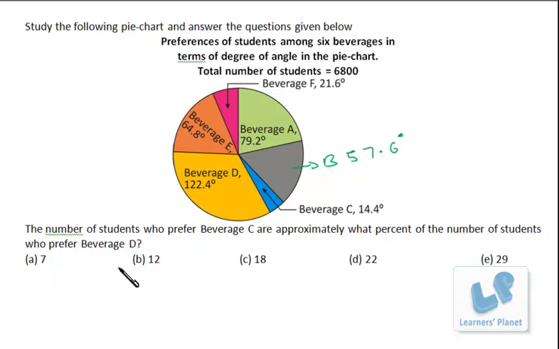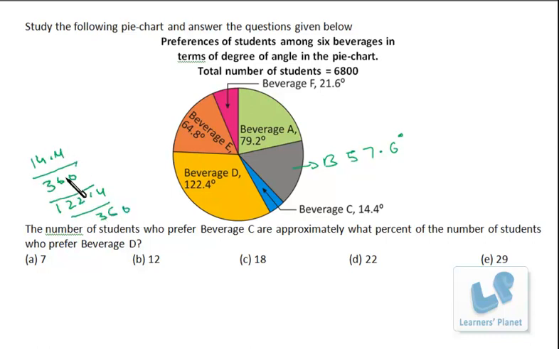Now further calculation is there. In all 6,800 students are there, and the beverage C is 14.4 degree from 360. So 14.4 from 360, and this is D, that is 122.4 from 360.